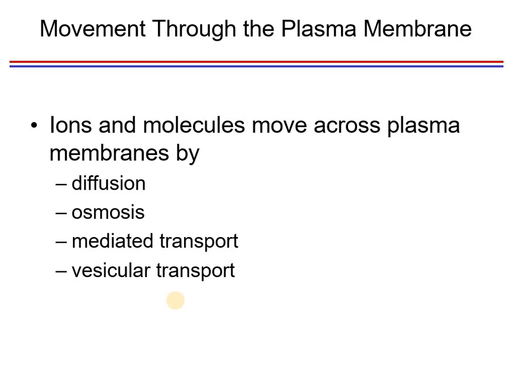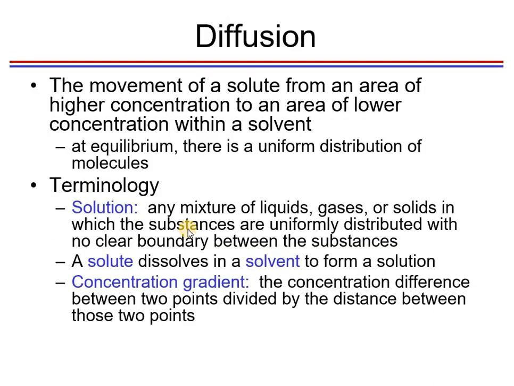So we have here diffusion, osmosis, mediated transport, vesicular transport, at saka yung other sub-methods or mga iba pang maliliit na methods under mediated transport, for example, and vesicular transport. Pero dito sa video, pag-usapan na natin yung diffusion and osmosis.